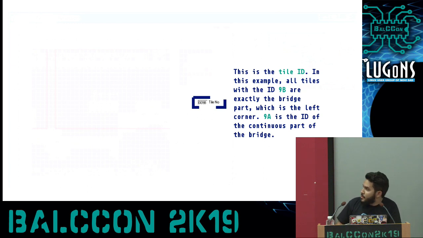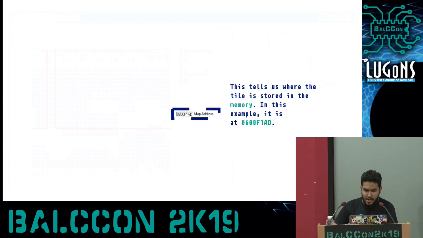In the case of this part of the bridge, the tile ID is 9B, and the continuous part of the bridge is 9A. There is another very important piece of information this panel has, which is the address. In our case, the address for this tile is 0600F1AD.